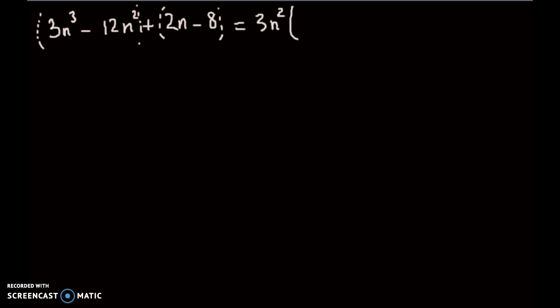If we factor out 3n squared, inside it would still have only n. Remember the GCF for this one is 3n squared. Factoring out means that you divide, so 12n squared divided by 3n squared would be equal to 4.